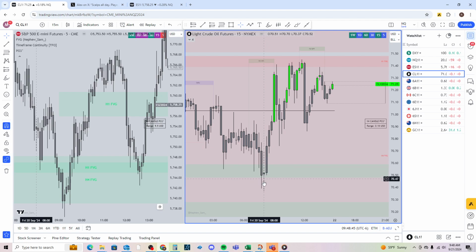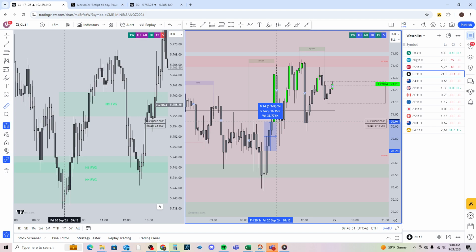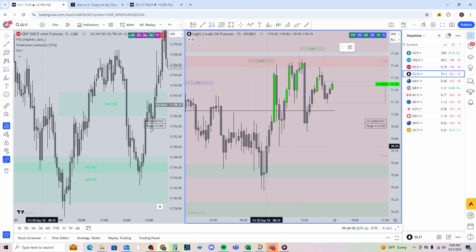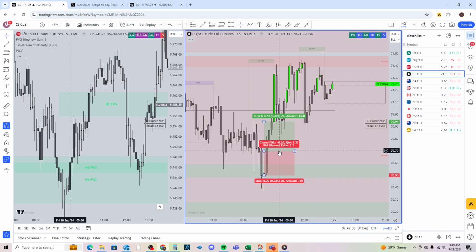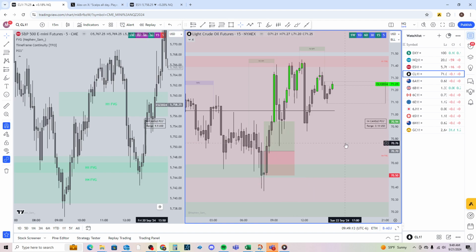Not necessarily my favorite, like 2-2 reversal, but again, you do get in and don't get stopped out until right here. Not the greatest trade, but can always just put stops as runners or break even and let things run as well.